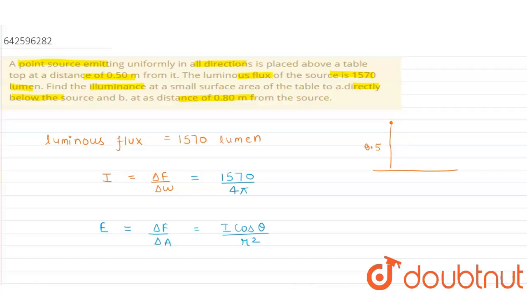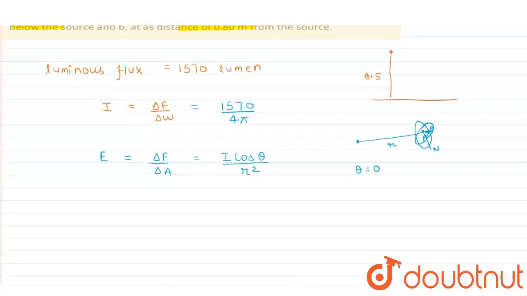Suppose this is a source and at the point P, this is R and this is a solid angle and its area vector is something like this. So it is rotated at this angle theta. So angle theta is here, and here theta is 0 degree. So put the values here.